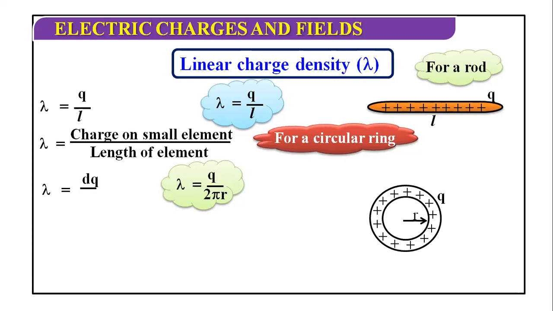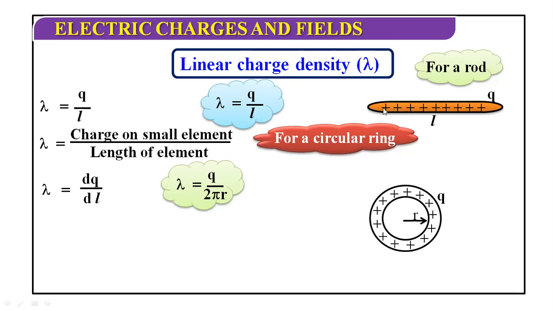Take any small element dl. You take any small part of the rod, the total length of the rod is L, which is made up of infinitely small lengths dl, dl, dl. The total charge over the rod is q, and this q is spread uniformly over every infinitely small element dl, and on every small element of length dl, the charge is dq.